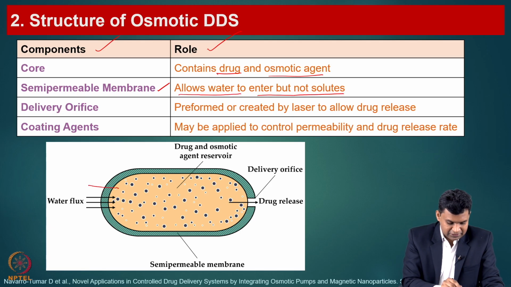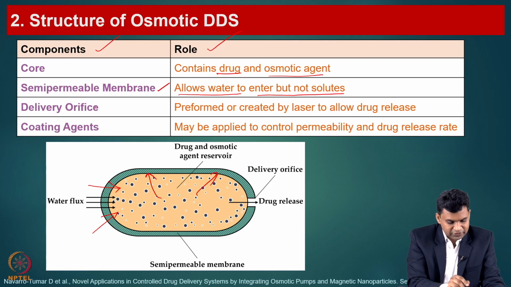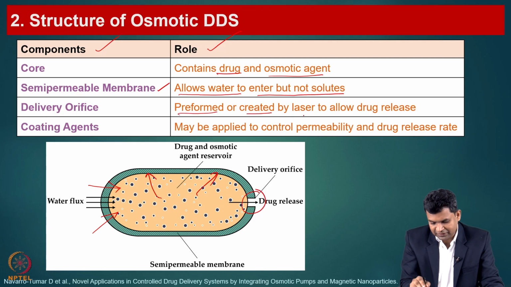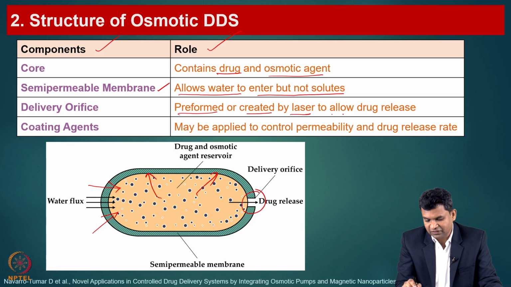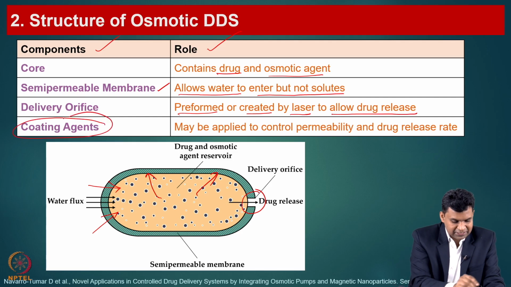It helps the water molecules enter, but it will not allow the solutes to go out. Then the delivery orifice, which is created by laser, and in some cases mechanically, that will allow the drug release. Now, here is the coating agent.